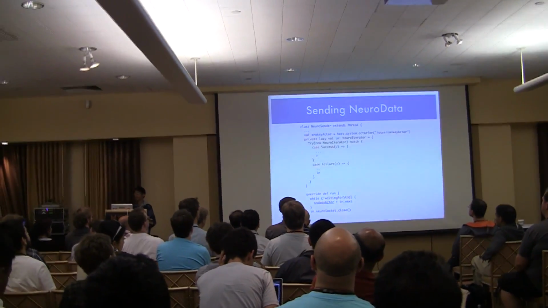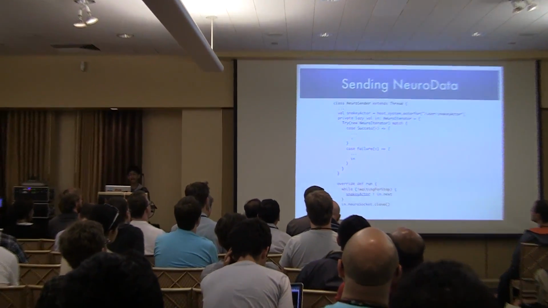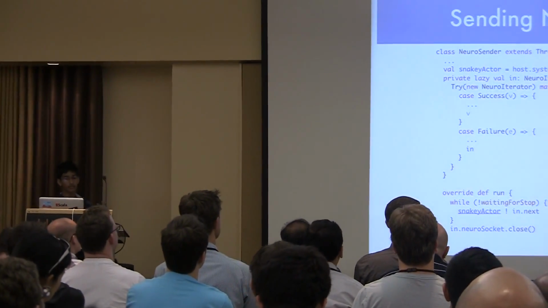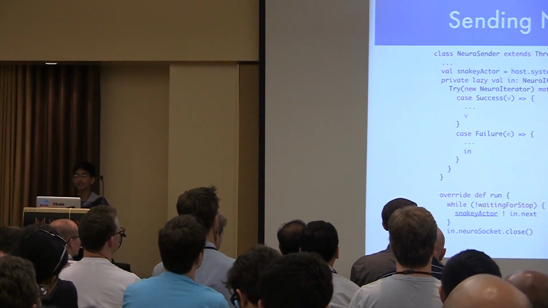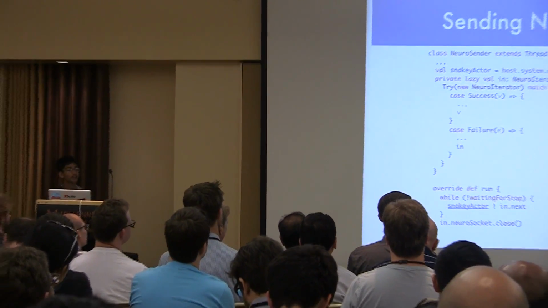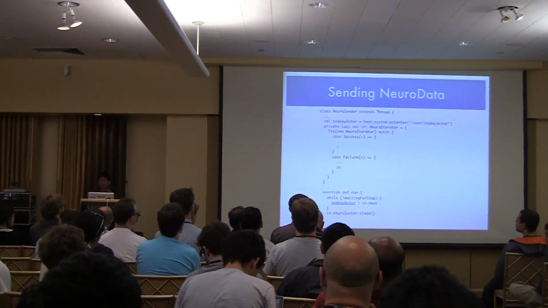Where I'm sending Neuro data is in this Neuro sender thread. I'm just connecting, and the way I connect to my Neuro iterator is that it will not work if the socket's closed, and the only time the socket will be closed is when ThinkGear connector is not running.